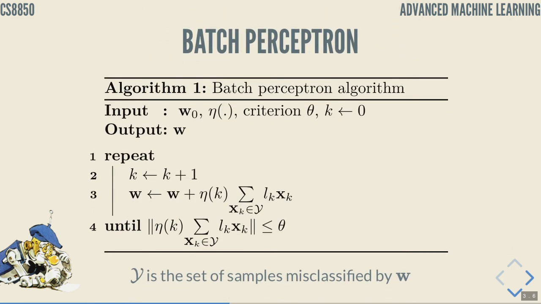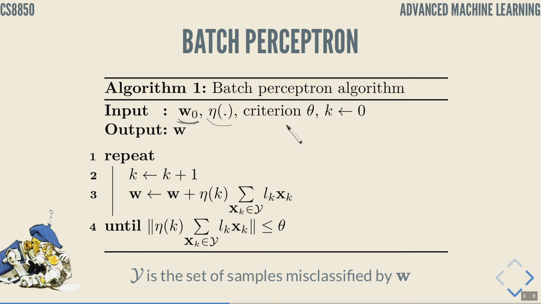There are two algorithms of the perceptron. One algorithm is batch. It considers the whole data set at once. In the batch perceptron algorithm, we have a few inputs. It's our initial value of the separating hyperplane normal, some learning rate. A learning rate can depend on iteration, so a learning rate function.